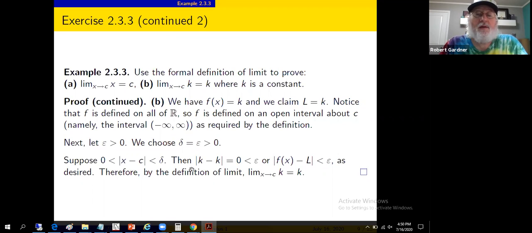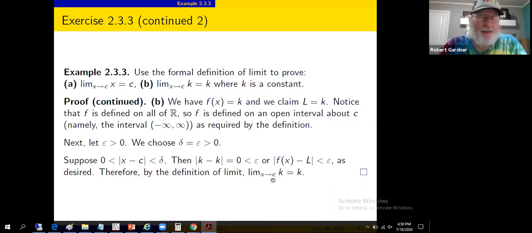Then k minus k, let's see, this k I want to say is f of x, and this k I want to say is L. So we've got f of x minus L when we've got k minus k. That equals 0, yeah, it's a constant function, and that's less than epsilon, because epsilon was positive. f of x minus L is less than epsilon. That means the limit exists.